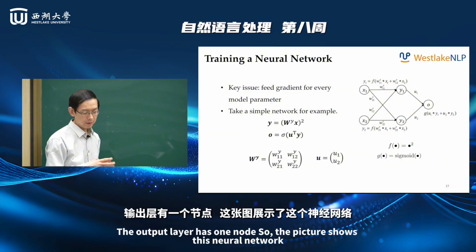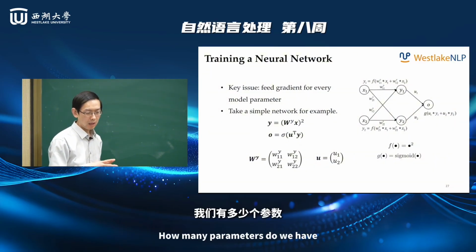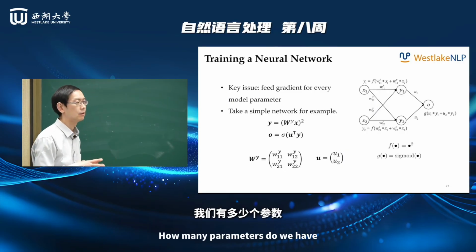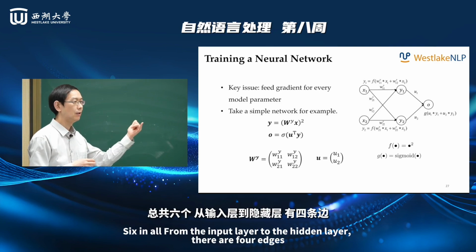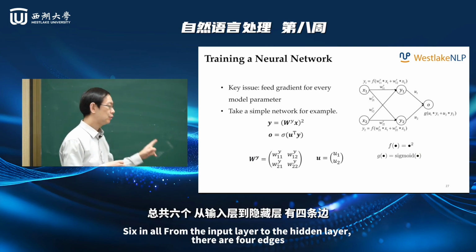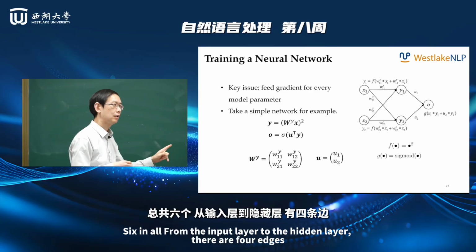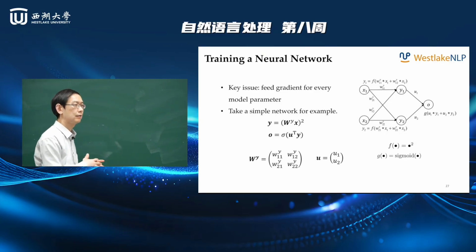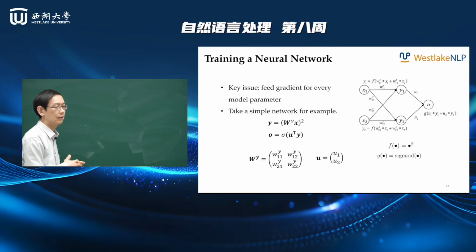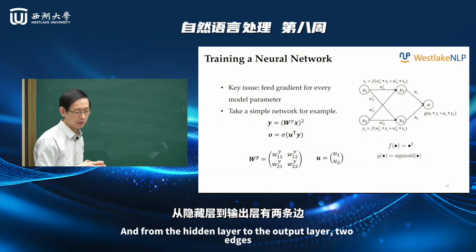So the picture shows this neural network. How many parameters do we have? 6 in all. From the input layer to the hidden layer, there are 4 edges, and from the hidden layer to the output layer, 2 edges.